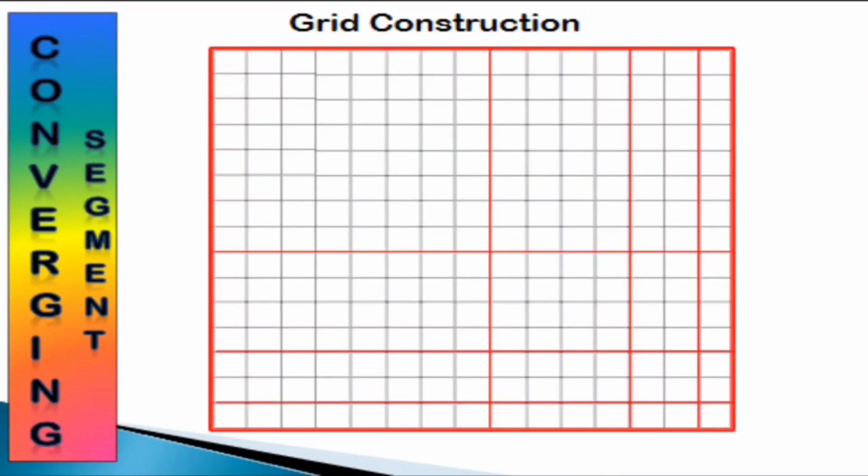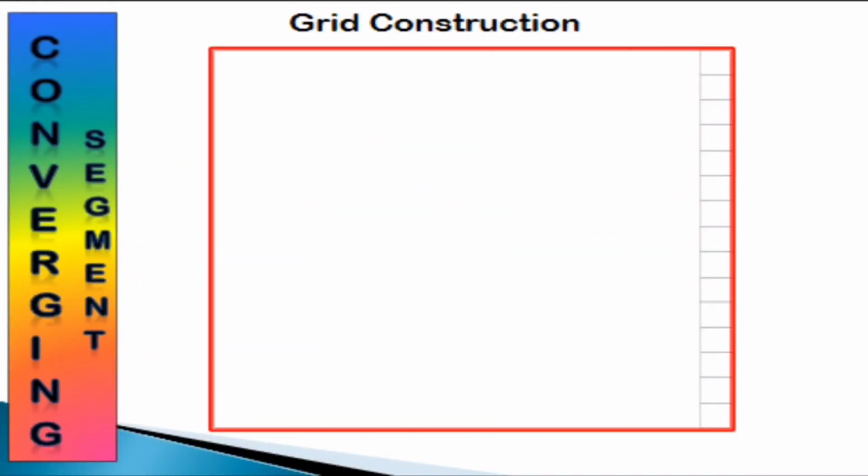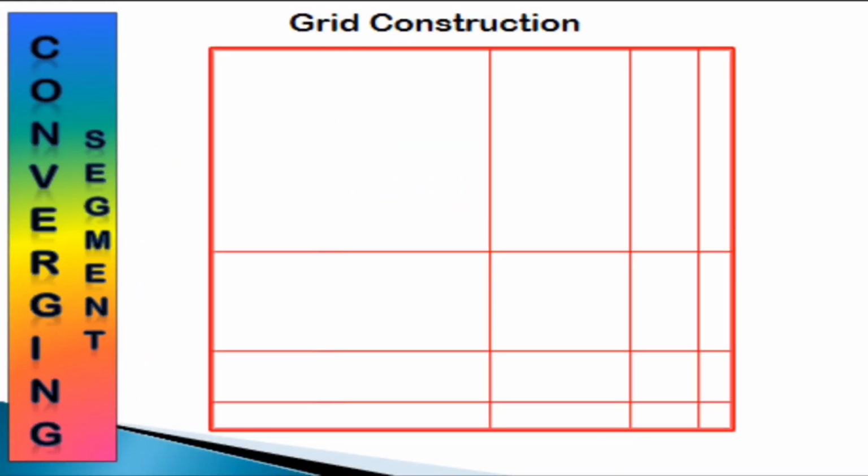And you can now erase the squares. So this is now our grid for quadrant 2.